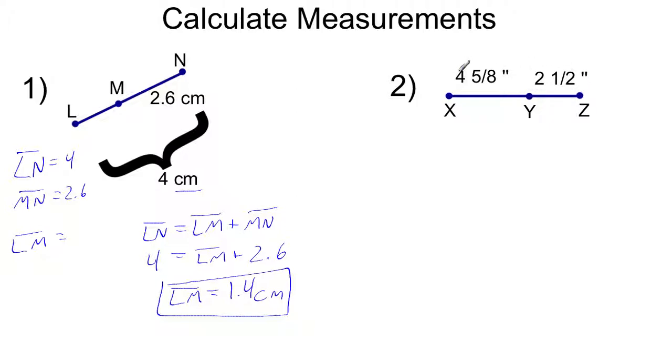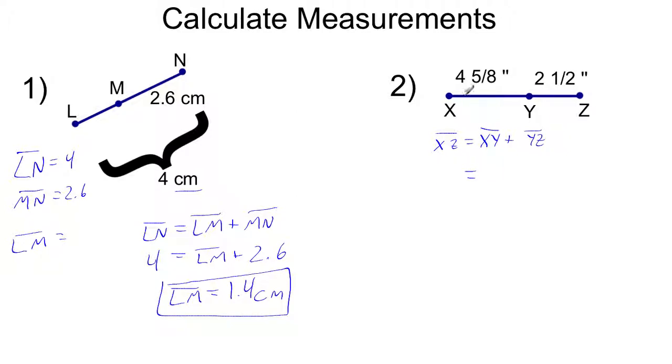Over here, we have these fractions, and really I guess this is more of a fraction problem, but we can see that we want to find the length here of segment XY. Well, we want to find segment XZ, and that's the sum of segment XY plus segment YZ.